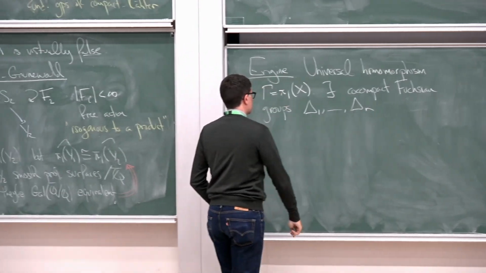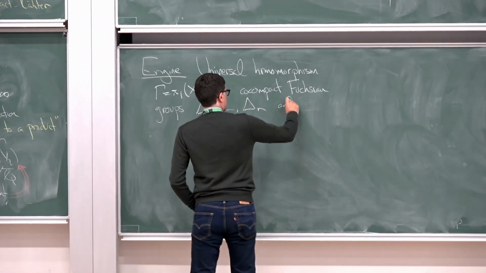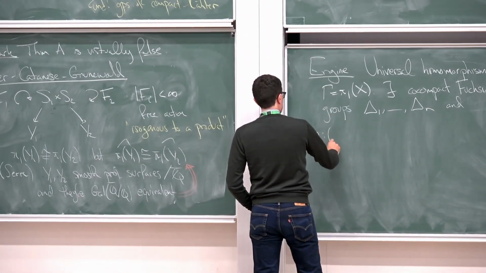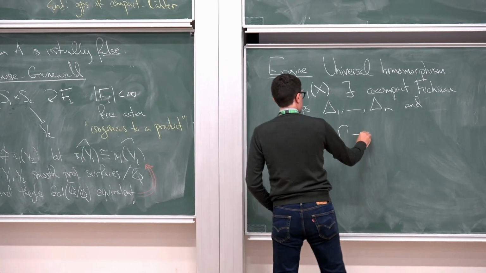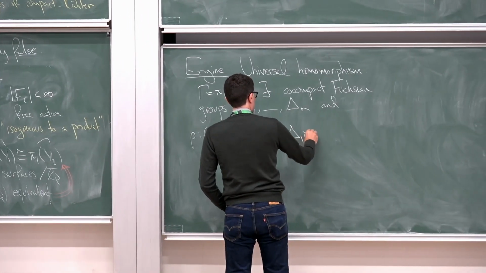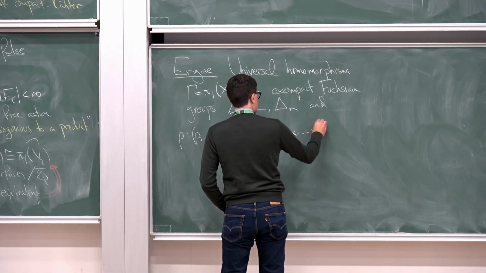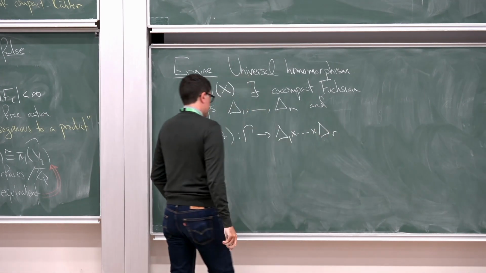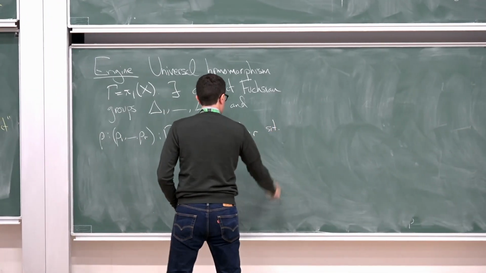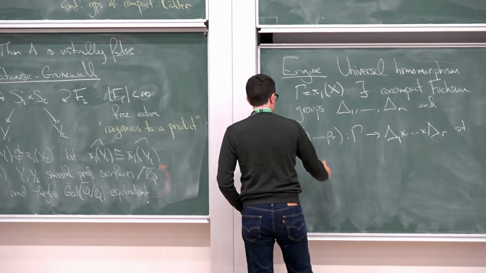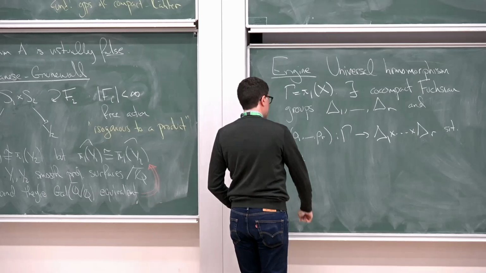Delta 1 to delta r, and a homomorphism rho, with components in this group, the direct product, so that we have two properties. Well, it has several properties, but I'll only mention a couple.